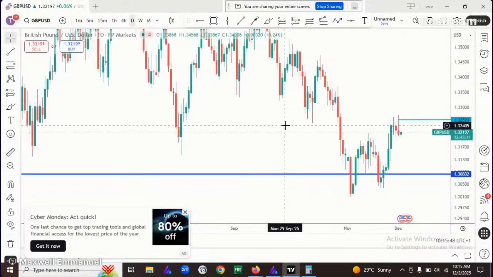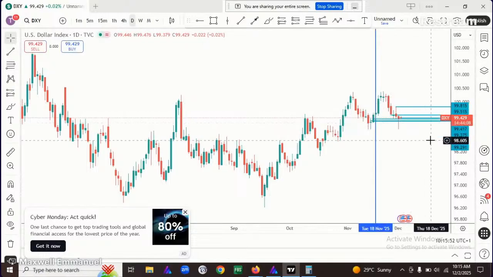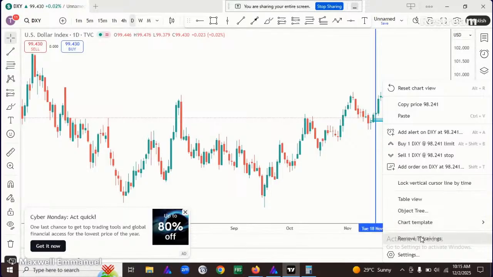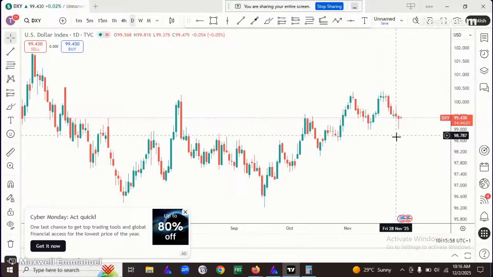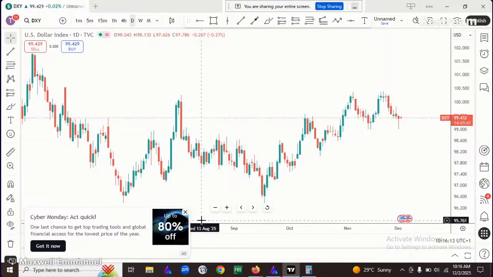This is DXY. You can see how yesterday's candle closed. It closed as a hammer. So you should be looking for buy on DXY and not sell.